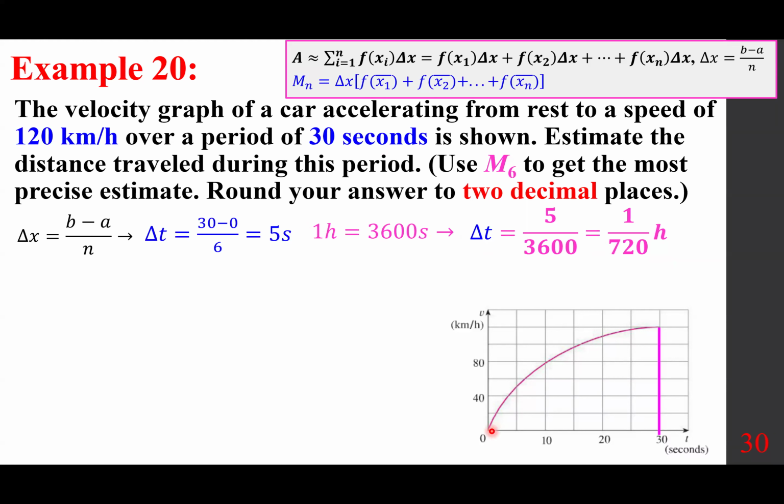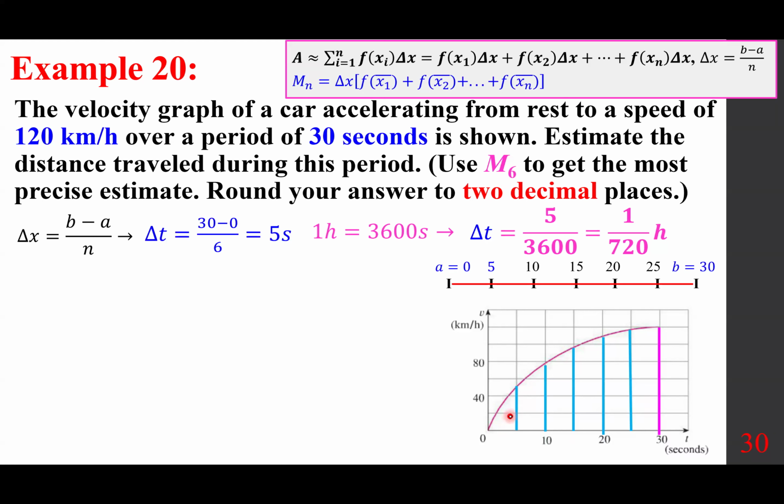All right, so the interval of 0 to 30, we want to cut it into 6 pieces. So a is 0, b is 30: 5, 10, 15, 20, 25, 30. We are going to use the midpoints. So first, let's do the drawing.